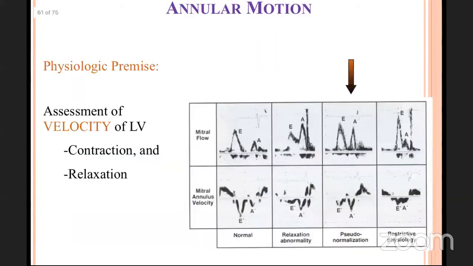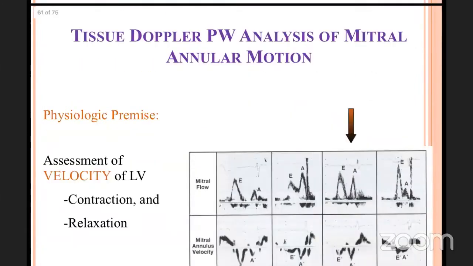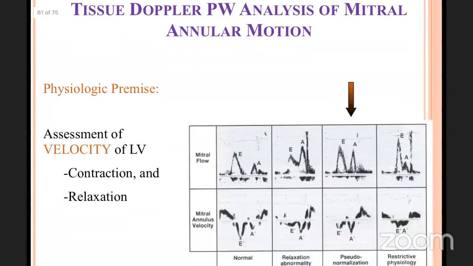Probably one of the most reliable methods of diagnosis of constrictive pericarditis in 2020 is the use of tissue Doppler, to analyze whether the problem lies in relaxation or in pericardial constriction. Normally, tissue Doppler shows an early diastolic wave, what we call E prime, and a late diastolic wave, what we call A prime.